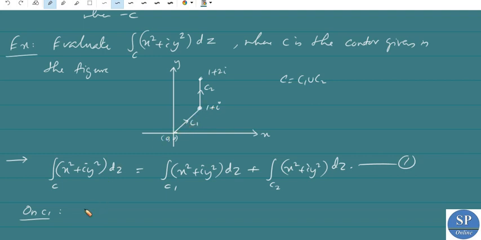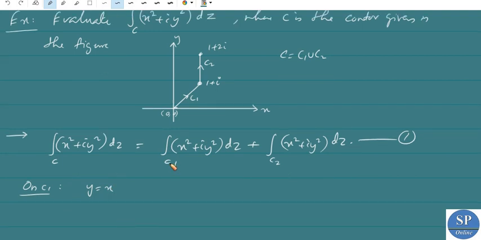That is, C1 is y equal to x. Therefore z is equal to x plus iy, which is equal to x plus ix, since y equal to x.